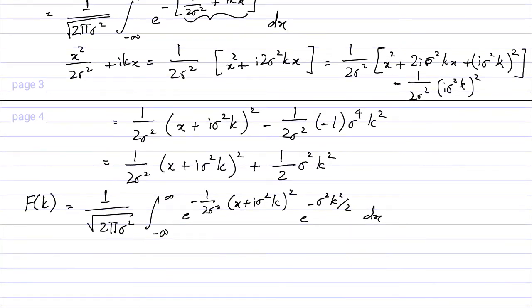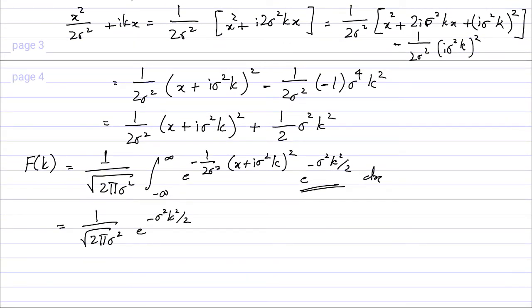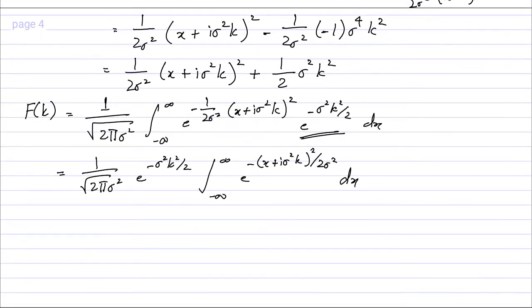I can pull this factor outside the integral because it does not depend on x. You're then just left with this pesky integral that you have to do, x plus i sigma square k whole square divided by 2 sigma square dx. Let me now define y equal to x plus i sigma square k. With this I immediately have that dy is equal to dx.